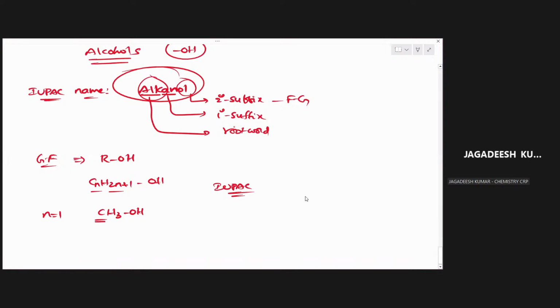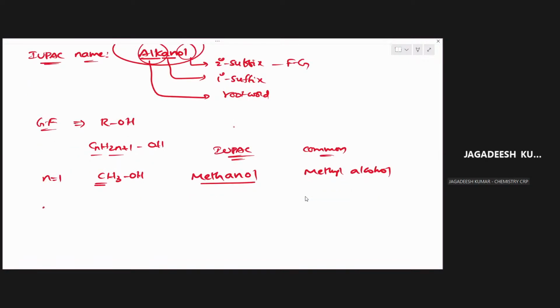How many carbons here? One carbon, so the root word is meth. The remaining part as usual is anol: methanol. But there is also a common name. We can say methyl alcohol is the common name.